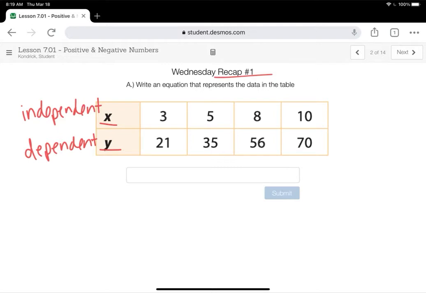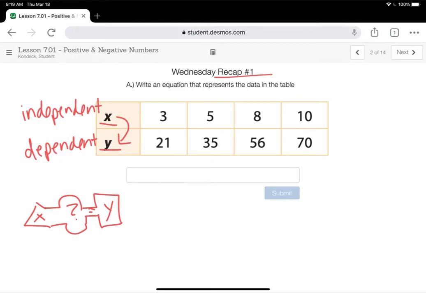What this means is if I put in a number for x, something is going to happen in order to get the value of y. We've talked about it as a function machine. If I put in a value of x, it goes through a function machine, something math happens, and that equals my y value.